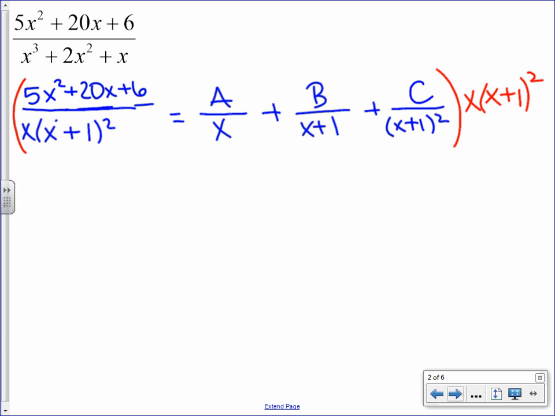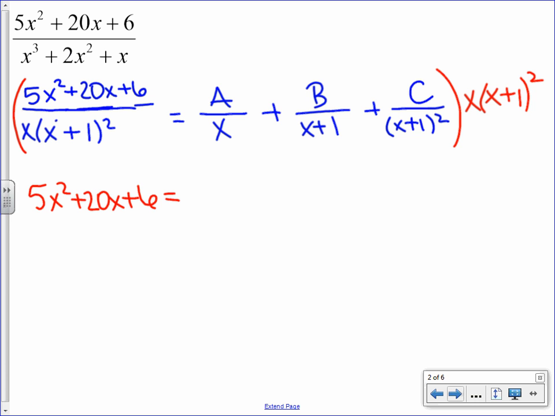Okay, why? All right, so when we multiply this to this fraction, what happens? It completely cancels, and we're left with 5x squared plus 20x plus 6.